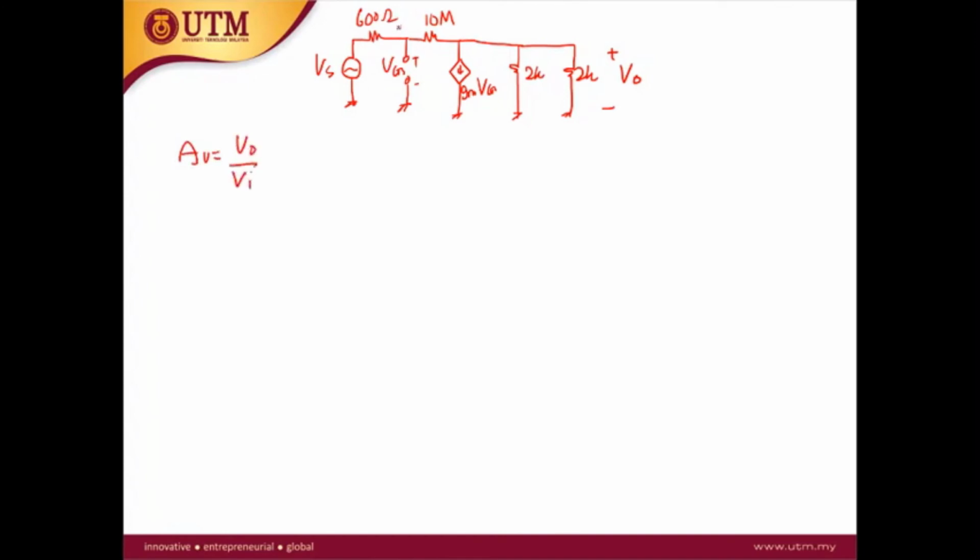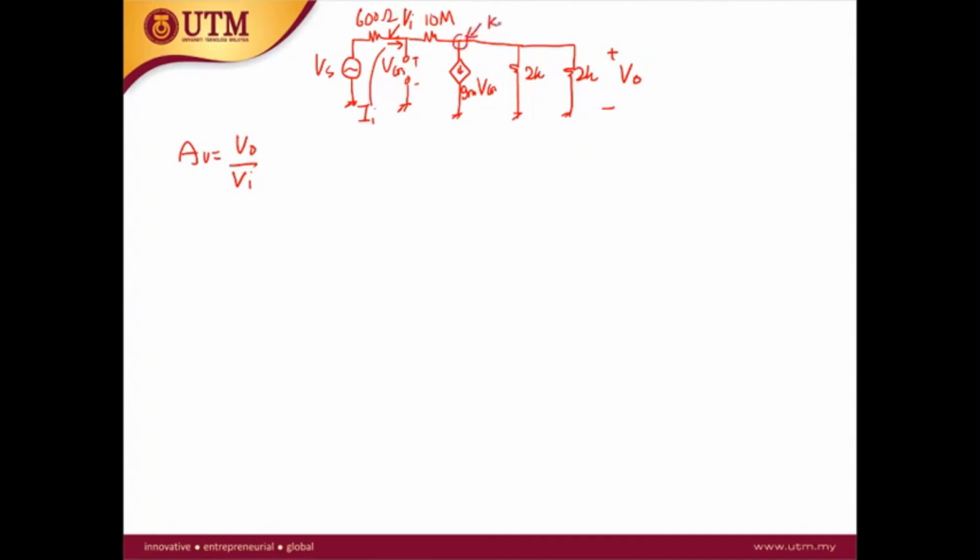Let's calculate the AV equal to V out over VI first. So the VI is the voltage at the input. In order to calculate this one, we use the same approach as what we have done for the input impedance. So we start with the KCL at this node.